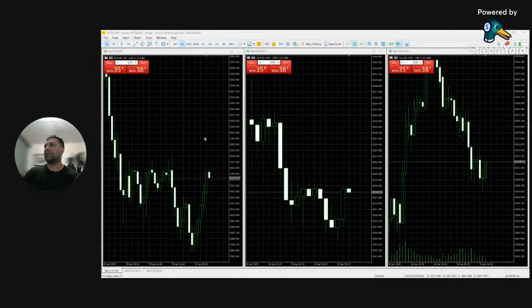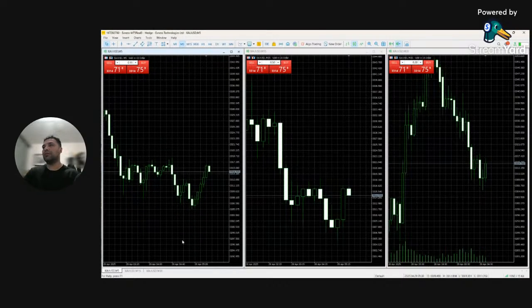So the 15 bar close with a really good move. We can see right here that this is the opening right in here, and the closing was right up there. So we capitalize a little bit, not bad.